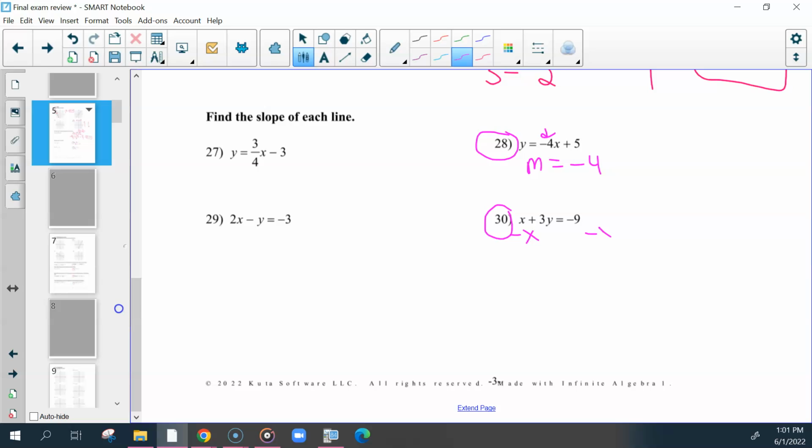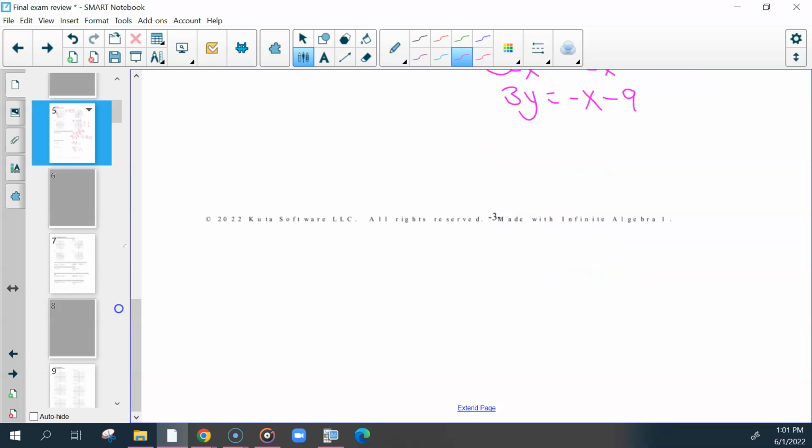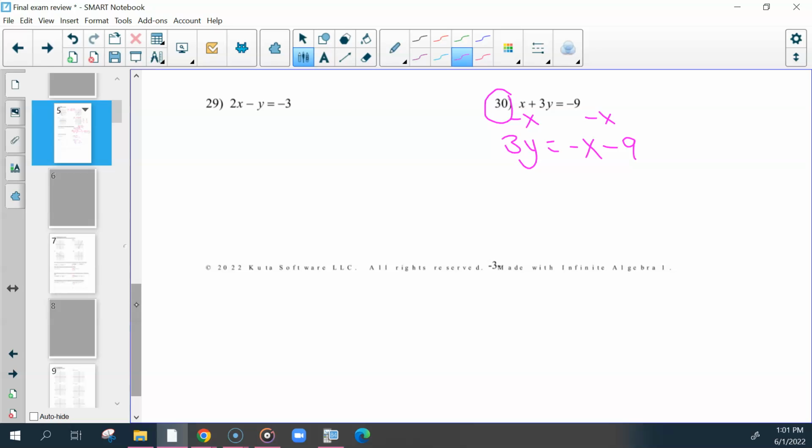For 30, this is not in slope-intercept form, so we would have to convert this back into slope-intercept form. First, by subtracting x on both sides. We have 3y equals negative x minus 9. And then divide everything by 3. So we have y equals negative 1 over 3x, or negative x over 3, those are the same thing, minus 3.